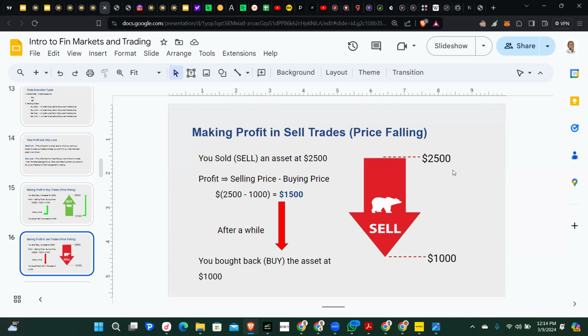Let's say the price of iPhone 13 is 2,500. So you go to your friend who has an iPhone 13 and ask him to lend you that phone, and that you are going to return an iPhone 13 to him next week.